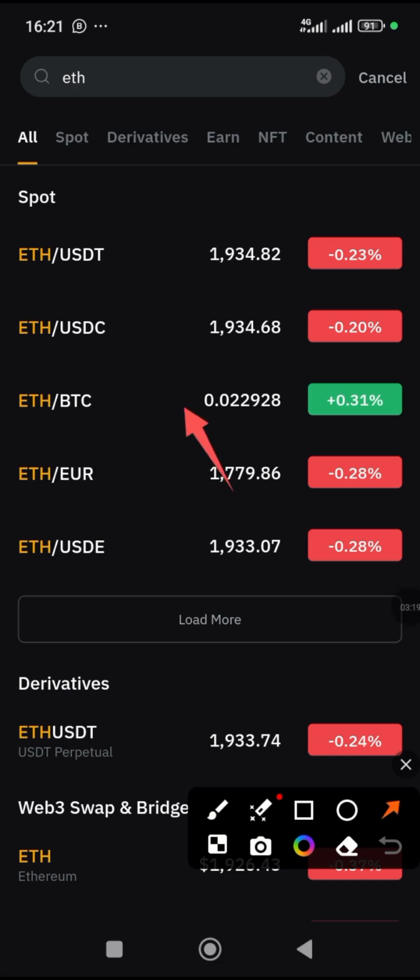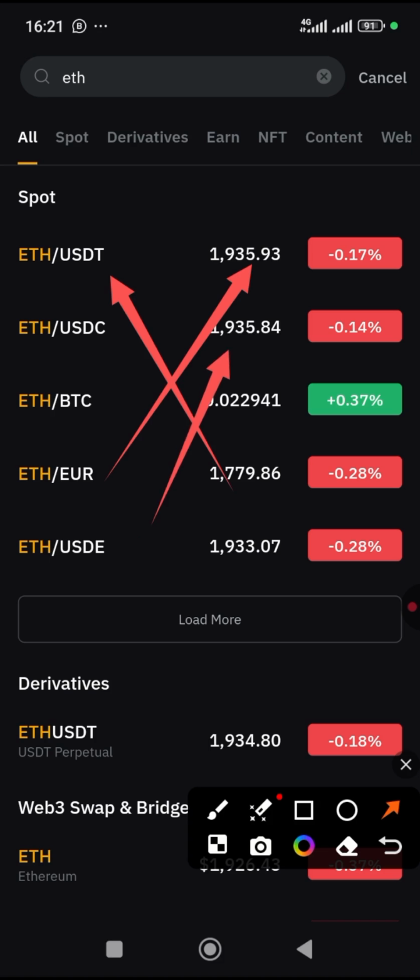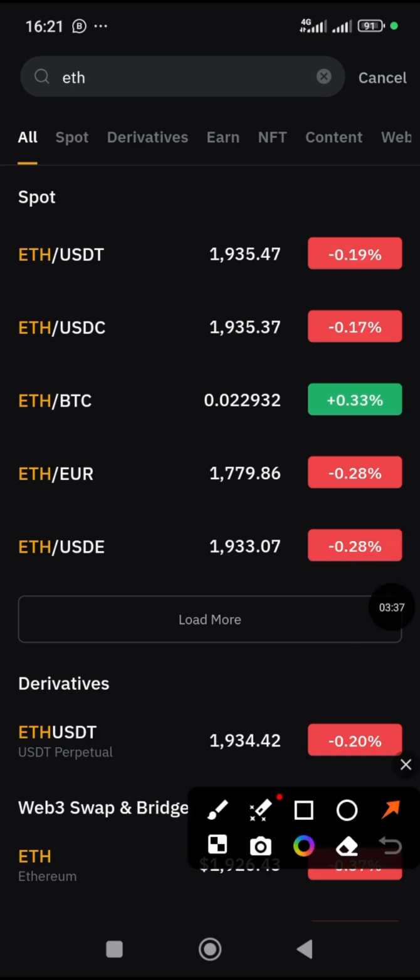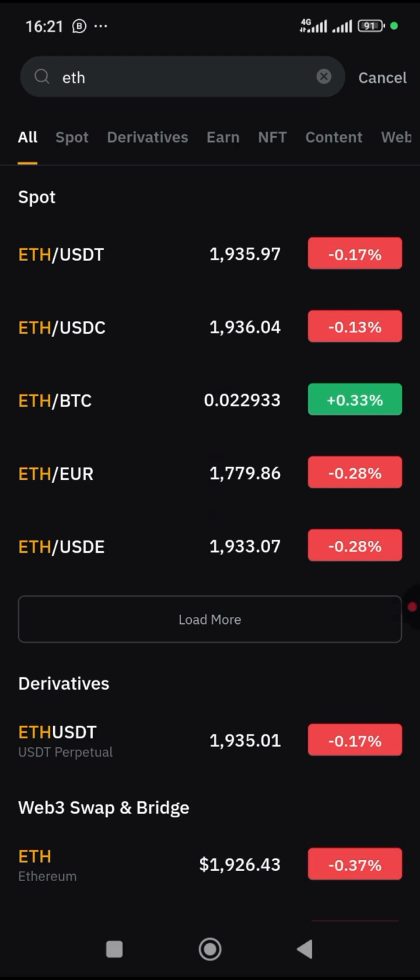You could see that one Ethereum is currently around 1,335 here, and it is 1,336 here and 1,333 here. When I did this particular trade, Ethereum at this USDT pair was around 1,327. That is why in this crypto arbitrage, you have to be very fast. But there are still certain things which we can do.